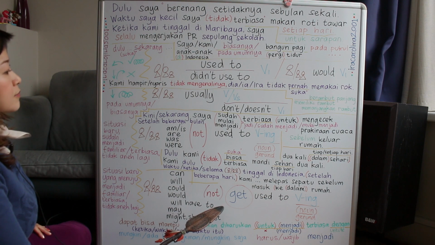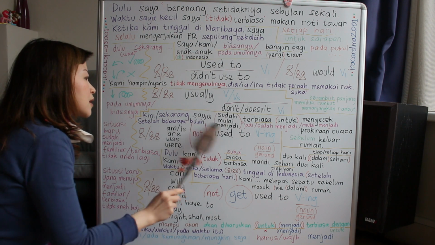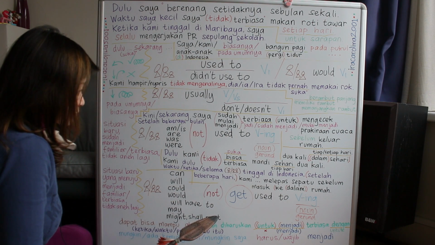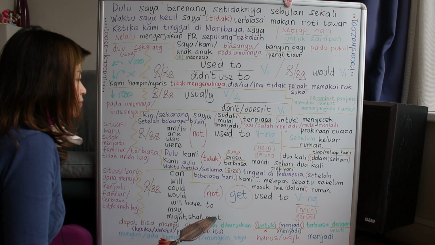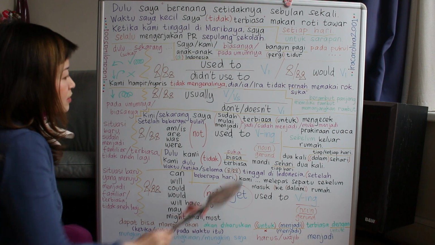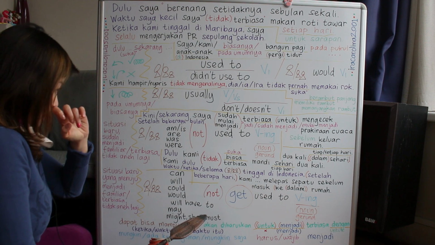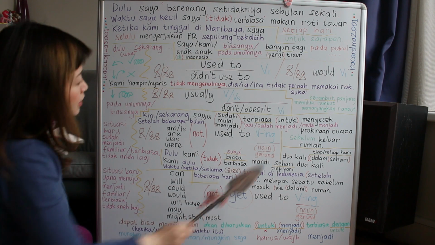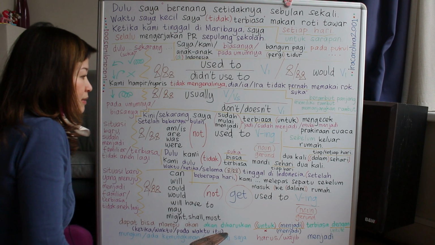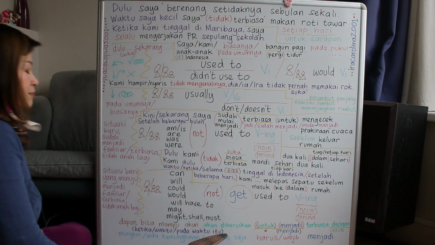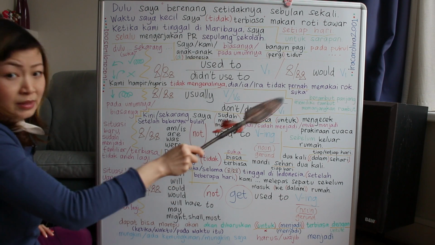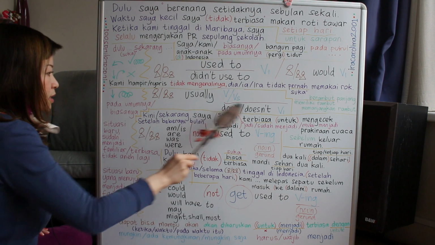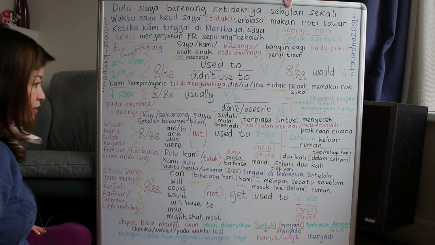And we can also change these words into jadi, become, or sudah menjadi, already become, or mulai menjadi, starting to become. So you can change this into any kind of word you like, or skip. You can just use this and then this and then the rest of the sentence.